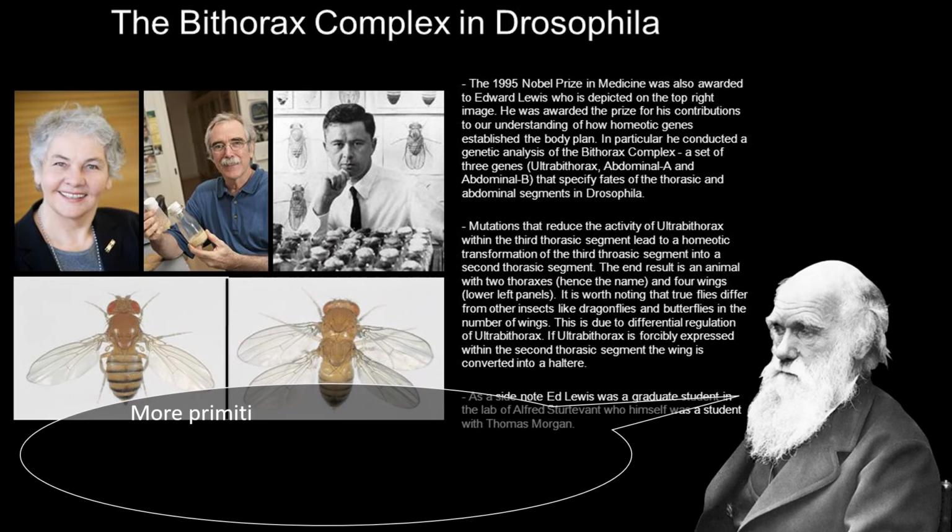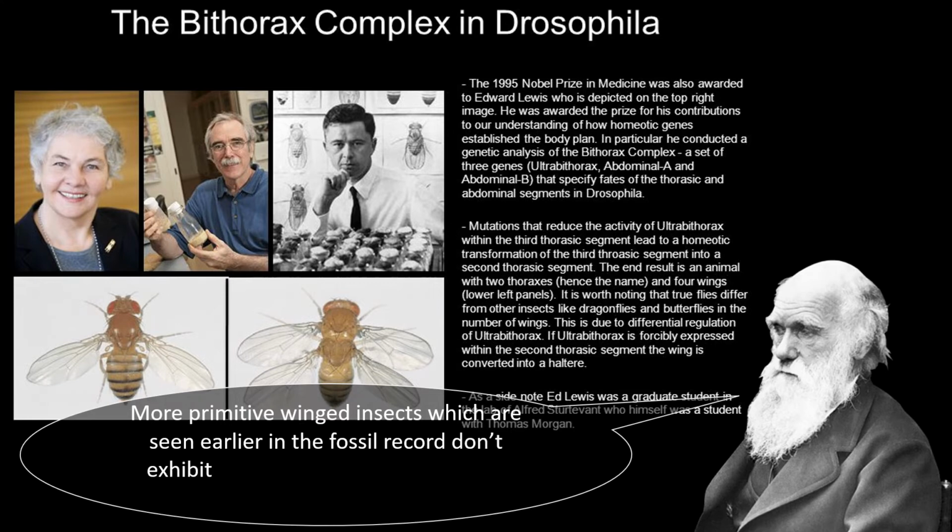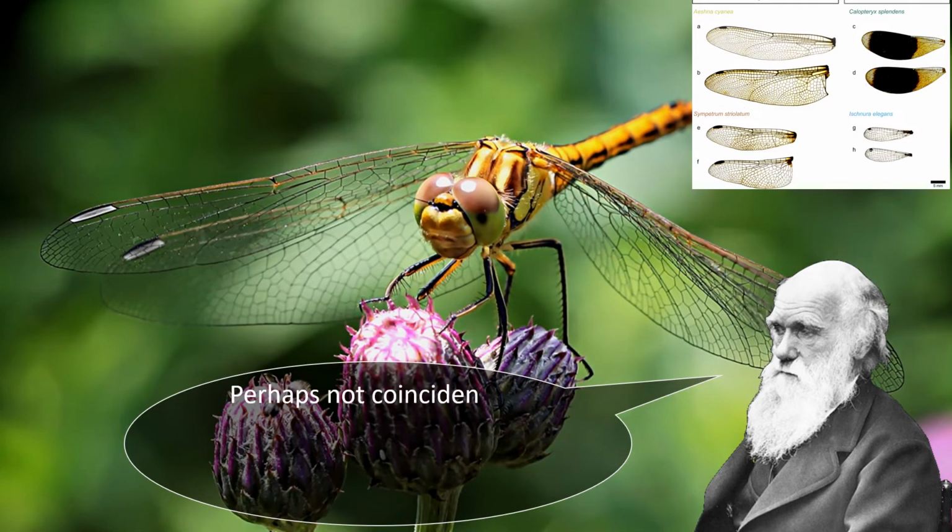More primitive winged insects which are seen earlier in the fossil record don't exhibit quite as distinct metamorphic stages in their life cycles. Perhaps not coincidentally, such insects, like dragonflies or grasshoppers, also have two wing pairs.